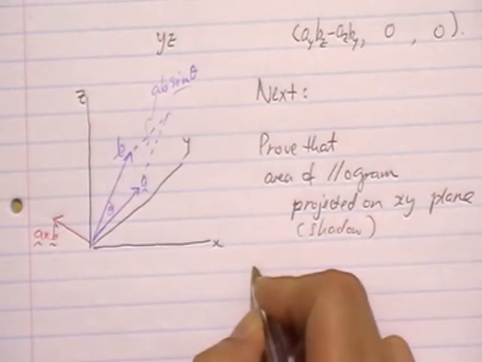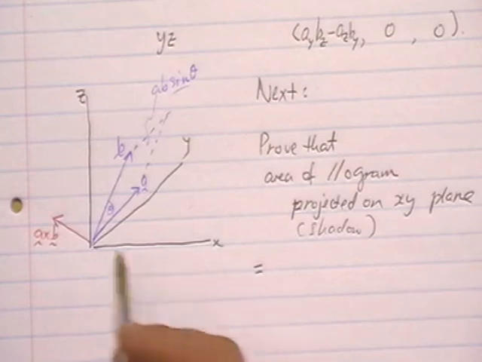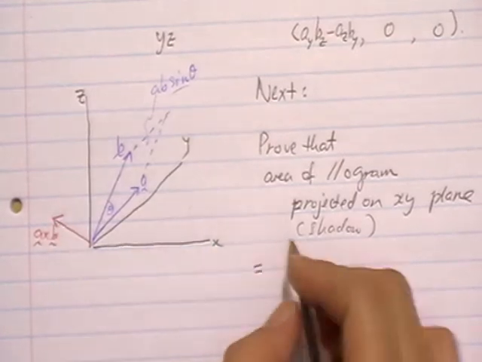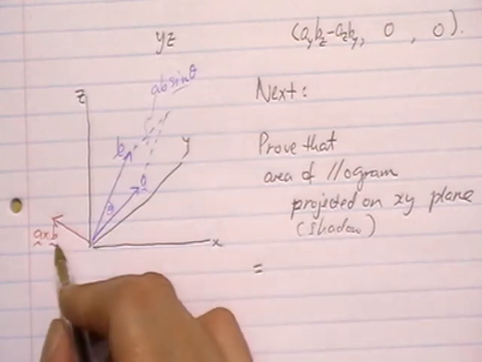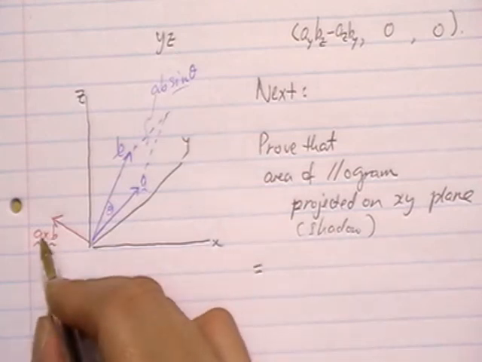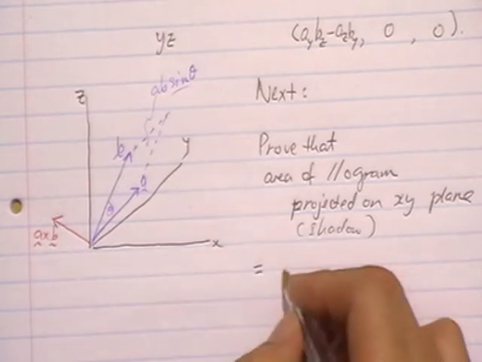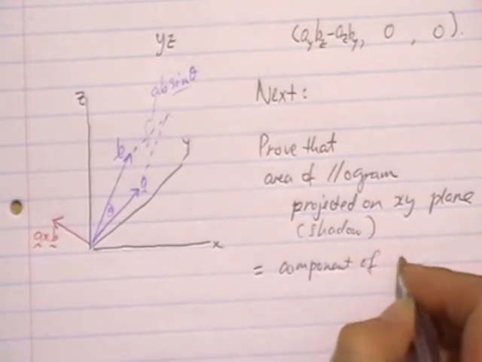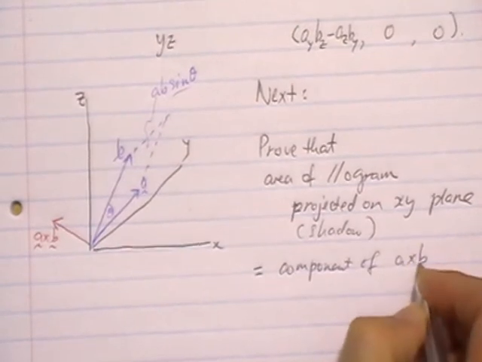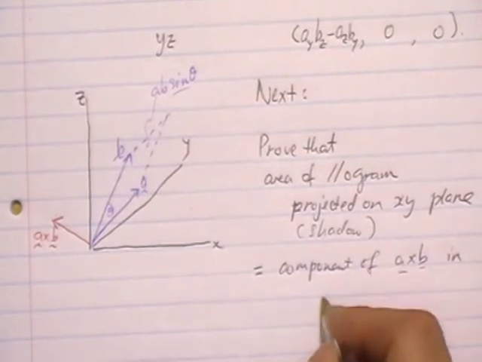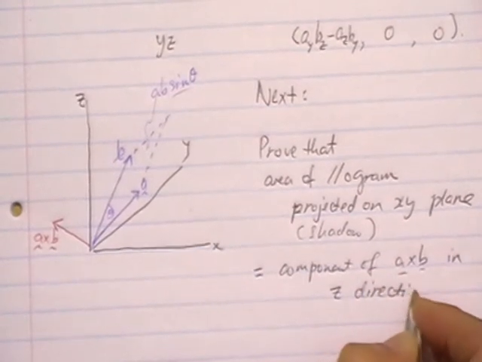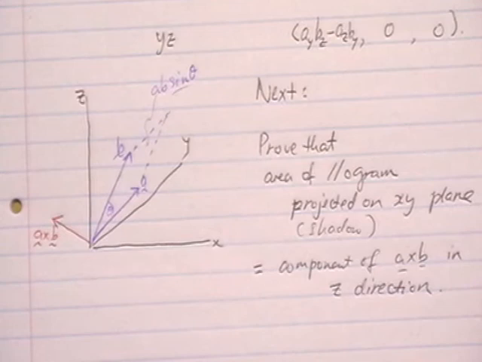So the area of the parallelogram projected on the xy plane, or the area of the shadow on the xy plane, is equal to the component of the cross product A cross B in the z direction.